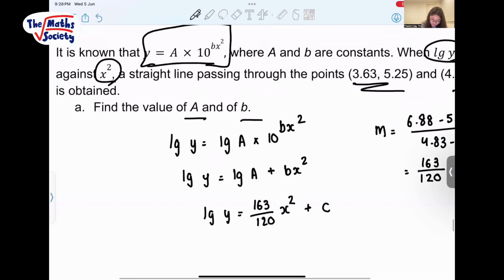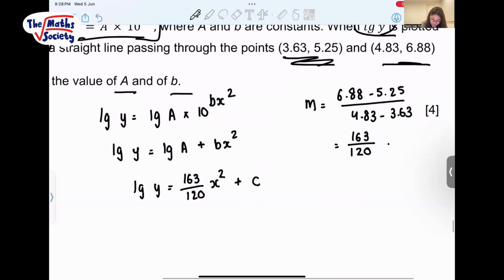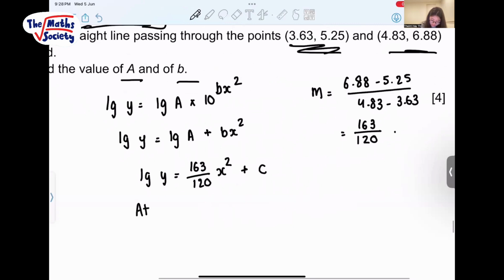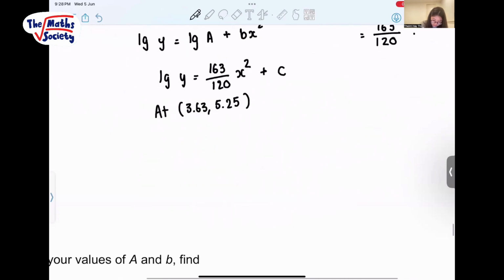And then let's choose one point at 3.63, comma 5.25. So you have 5.25 equals the gradient times 3.63 plus c. And you want to find c.